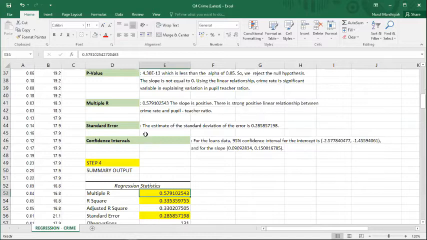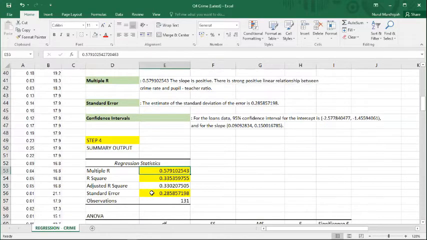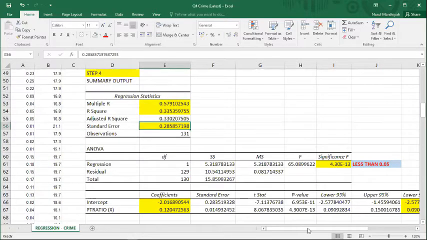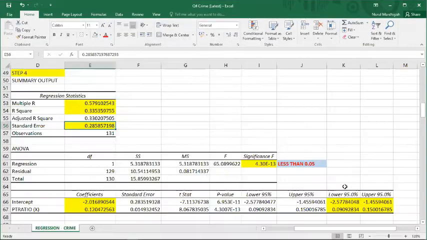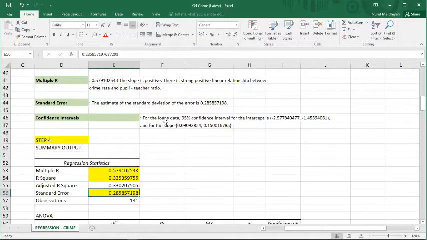The next one is standard error. Also, we can see it in the data analysis. This is the estimate of the standard deviation of the error, which is 0.28587189. For the confidence interval, we can see at the intercept under the columns lower 95% and upper 95%. The 95% confidence interval for the intercept is negative 2.57740477 and negative 1.455 and 46061.